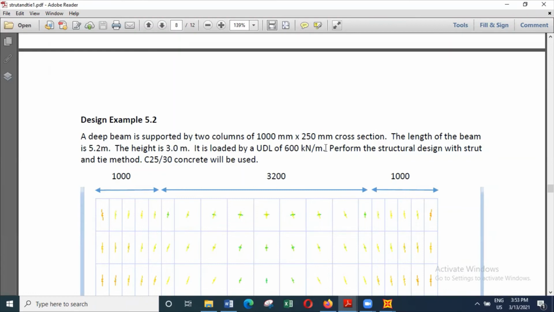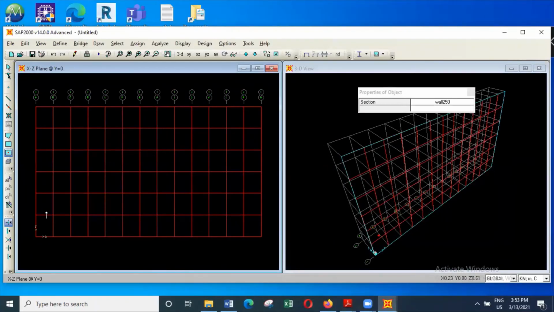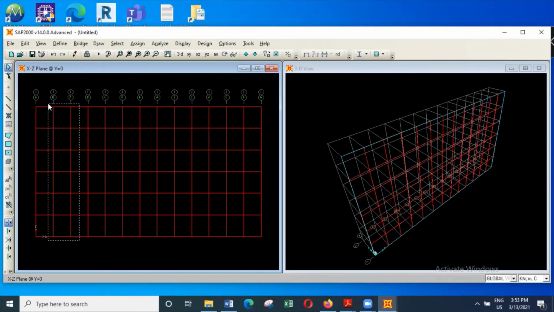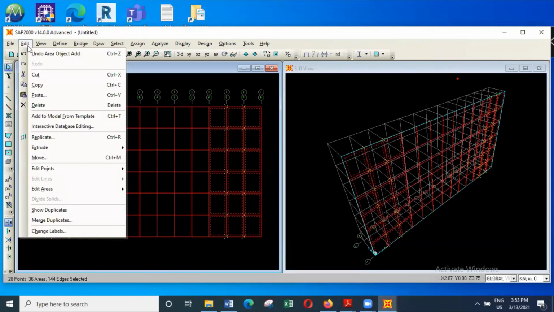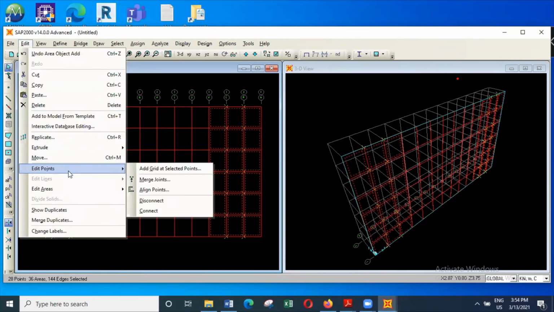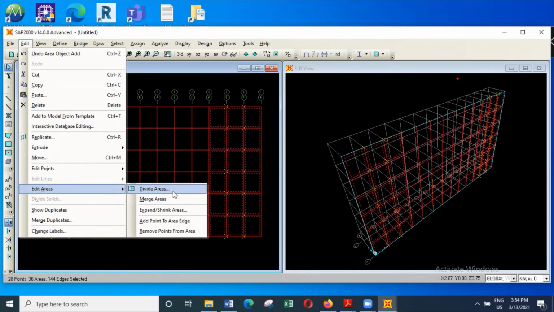There's a UDL of 600 kilonewtons per meter acting. So I have to get this as these 400, 800. I have to get a support of 1000. So what I can do is highlight these two and edit areas.